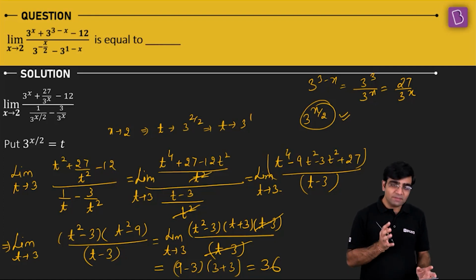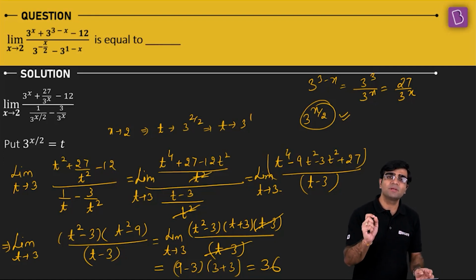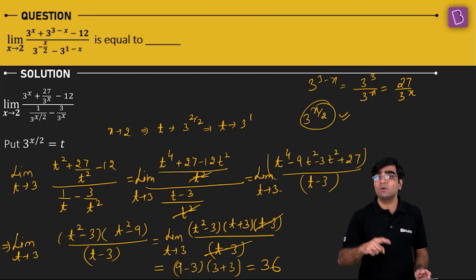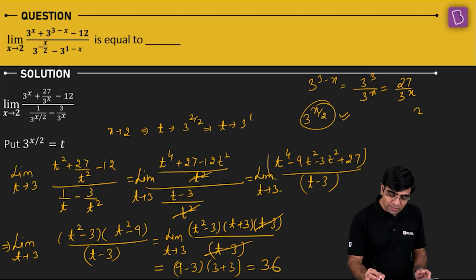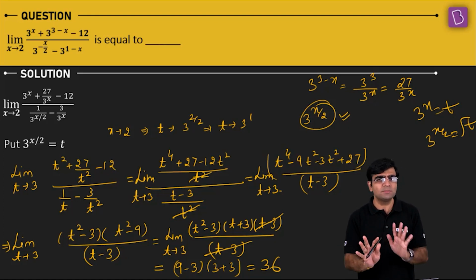Okay. So the key takeaway is that if you are coming across many exponential terms, substitute them by a simple format. See, here putting 3 raised to x as t will not be a good idea, because then 3 raised to x by 2, you have to deal with root t. In the examination hall, under the pressure that you have to solve many questions very quickly and accurately, I will not suggest you deal with irrational powers as much as possible.